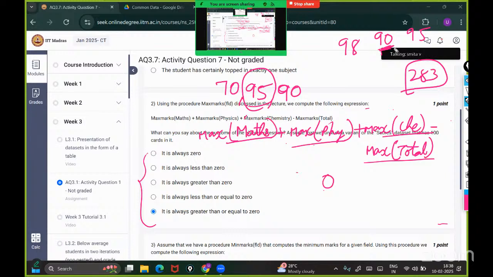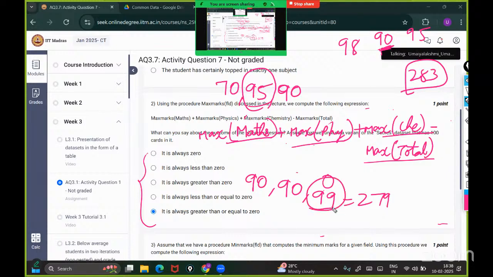Similarly, let's take one more person with the scores of 90, 90, and here he has scored 99. His total score is 279, but he has scored the highest in chemistry.